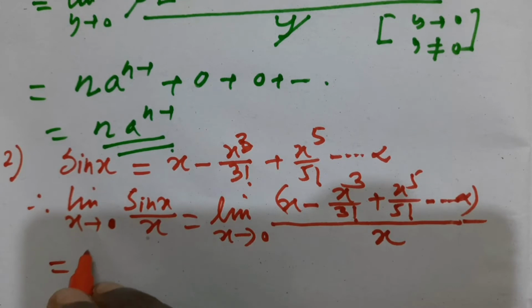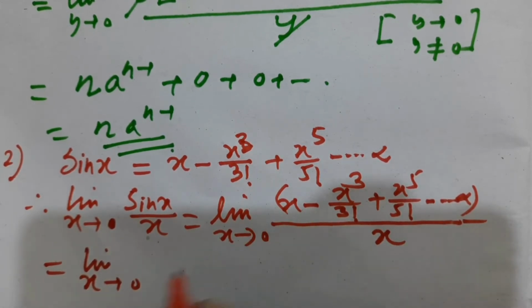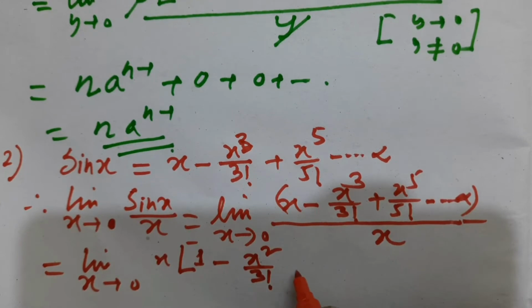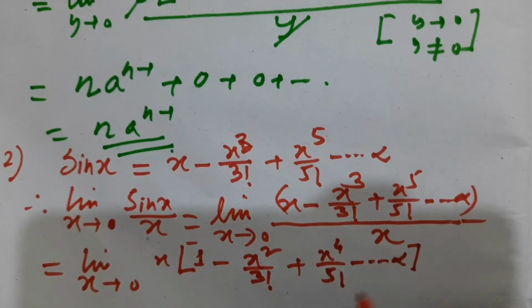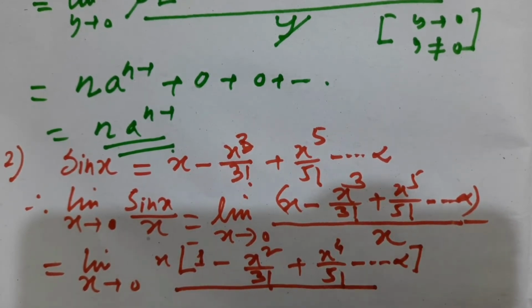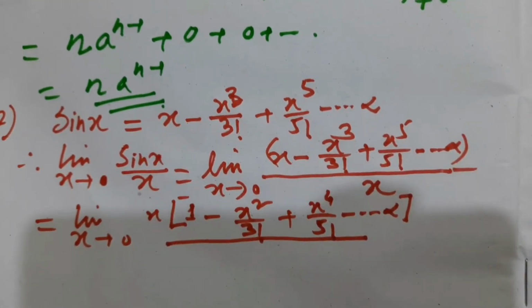That is equal to limit x tends to 0. Take common x within the bracket, so then we have 1 minus x square by factorial 3, plus x to the power 4 by factorial 5, dot to infinity, and this is whole divided by x.